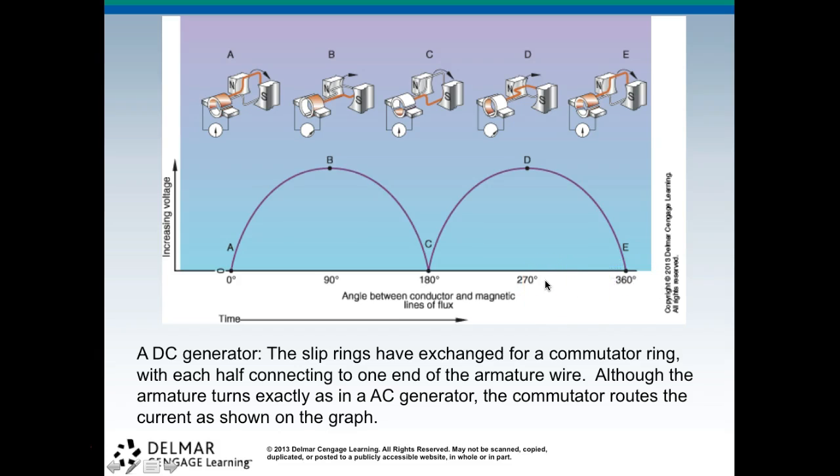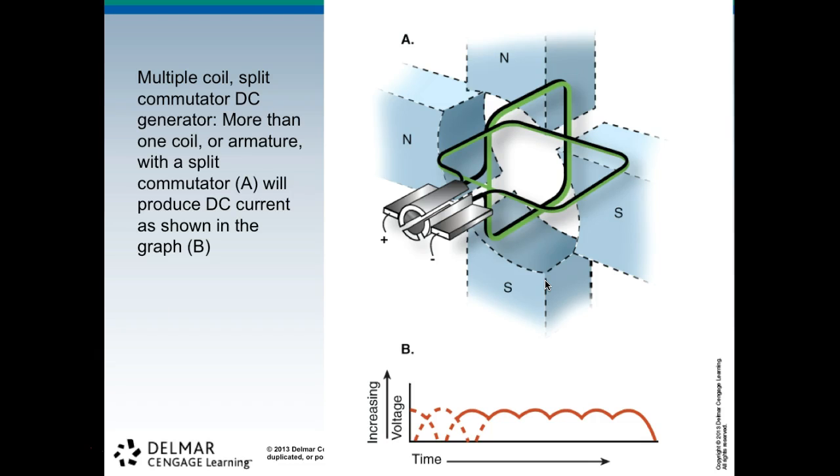So in a DC generator, the slip rings are exchanged for a commutator ring, with each half connecting to one end of the armature wire. Although the armature turns exactly as in the AC generator, the commutator routes the current as shown on the graph. So you can see it stays positive.